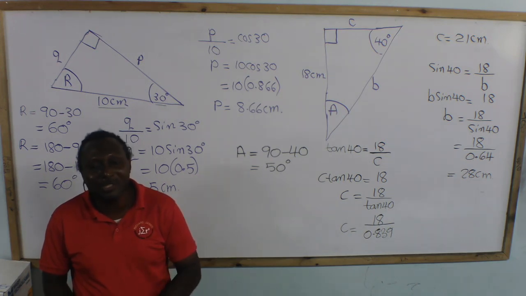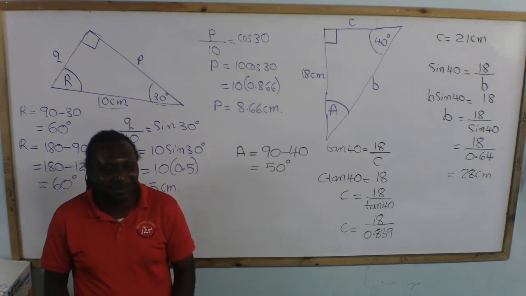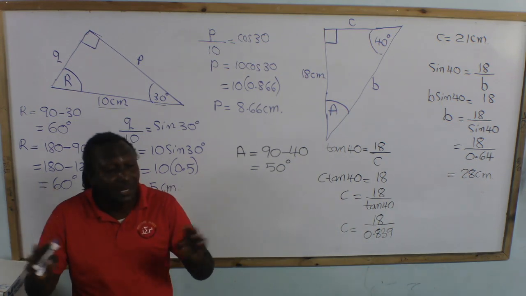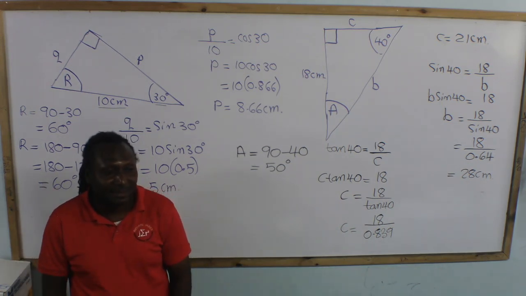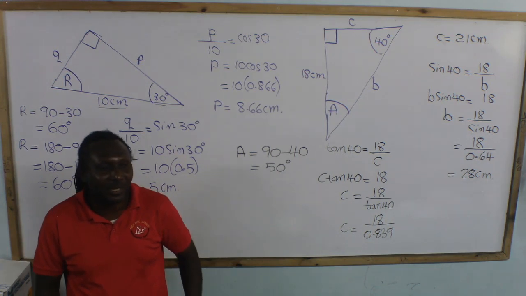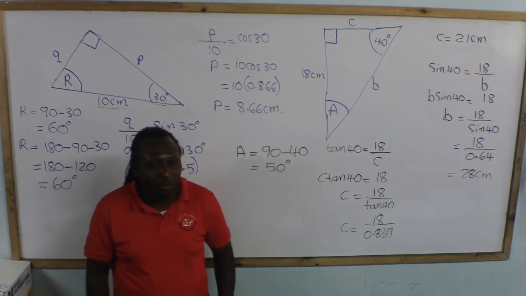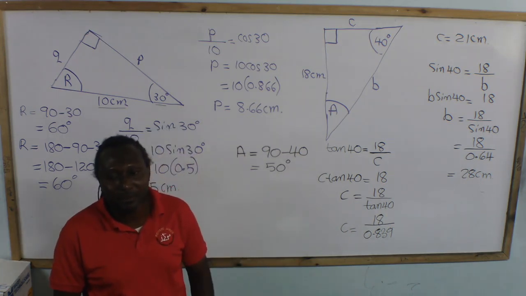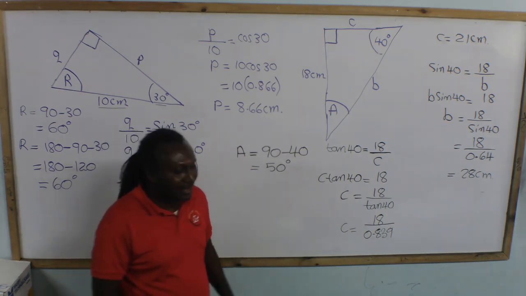And you will learn, if you are interested, when you see a trigonometry problem on the CXC examination, to take a look at it and be able to tell very close what all the answers are. Sometimes you will be precise, sometimes exact. So if you are serious, then we'll get to that point that you can really have a very good idea of what the answer is, even before you work the problem out.